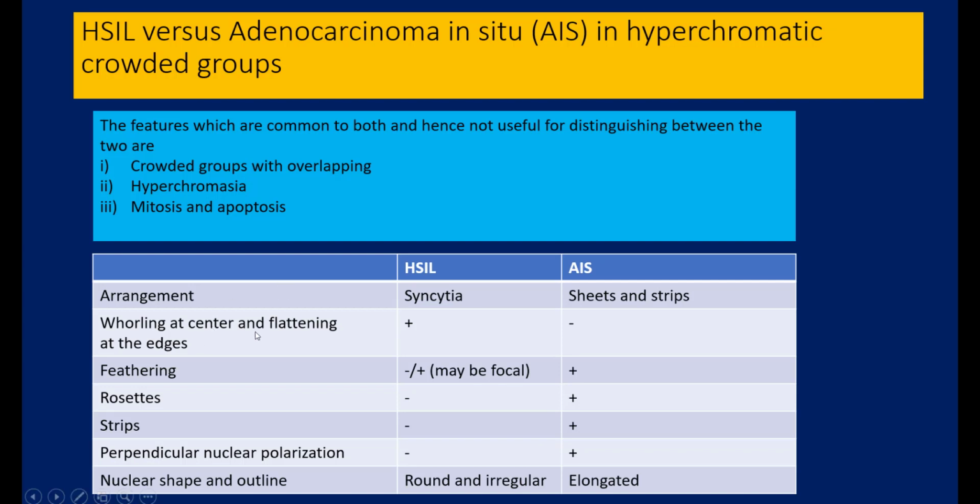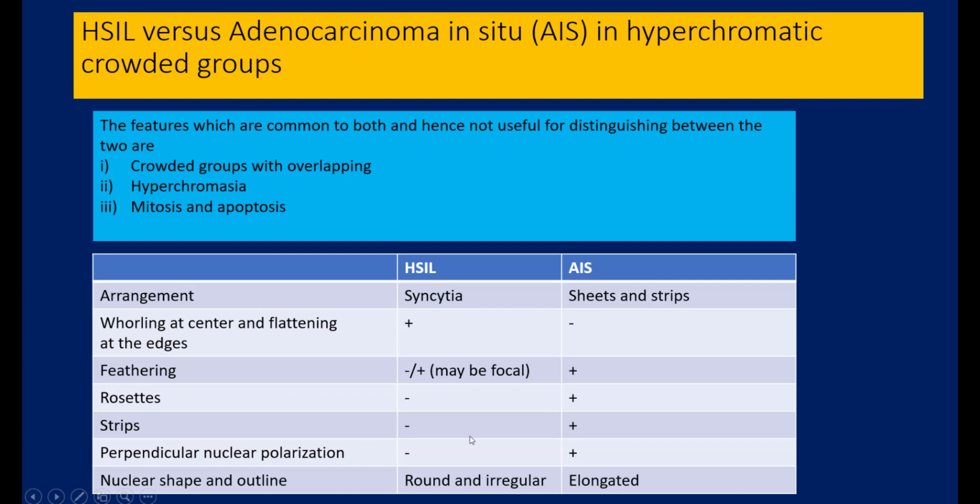Whirling at the center and flattening at the edges favor HSIL. Feathering may rarely be seen in HSIL. Rosetting, it is said, is not seen in HSIL, but I have actually seen something close to a rosette in HSIL also; still, it favors adenocarcinoma in situ over HSIL. Strips of cells favor HSIL.